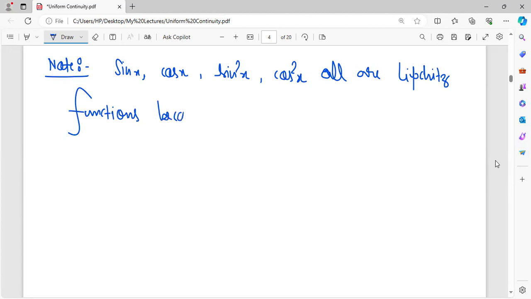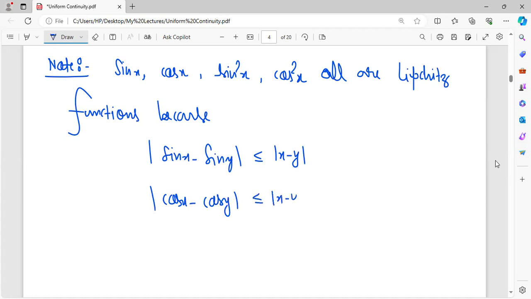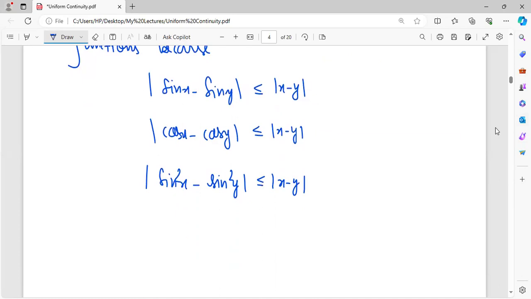Because we know that |sin x - sin y| is less than or equal to |x - y|. Similarly, |cos x - cos y| is less than or equal to |x - y|. |sin²x - sin²y| is less than or equal to a times |x - y|. |cos²x - cos²y| is less than or equal to a times |x - y|.